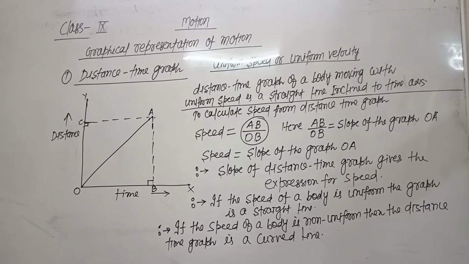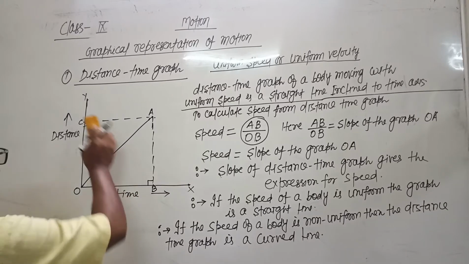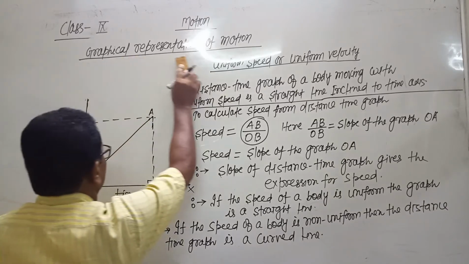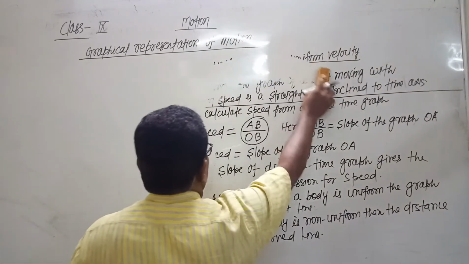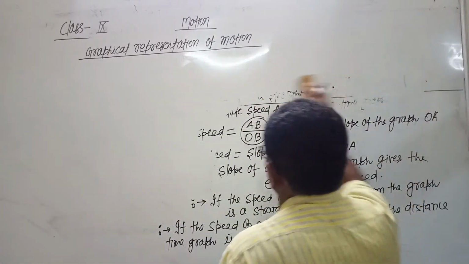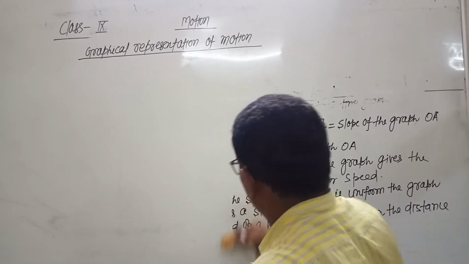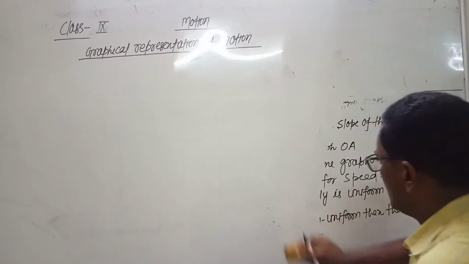Now we will talk about a speed time graph. This was the distance time graph for uniform speed.